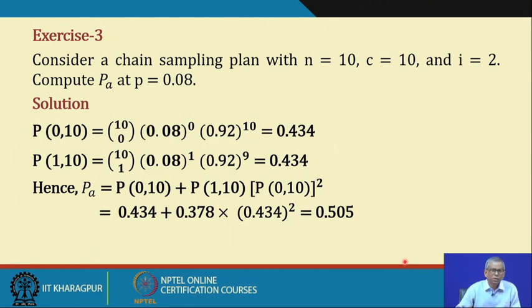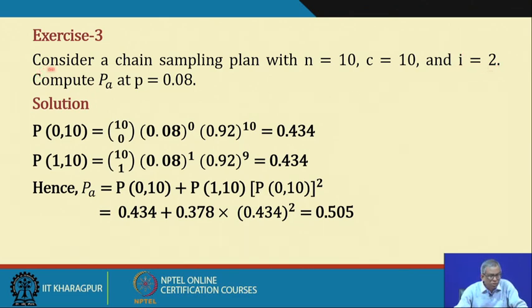Because there are many cases where inspection is done through destructive testing. So obviously the sample size should be as small as possible, and if the sample size is small, the acceptance number is 0. The third important variable is i equals 2. Is it all right?